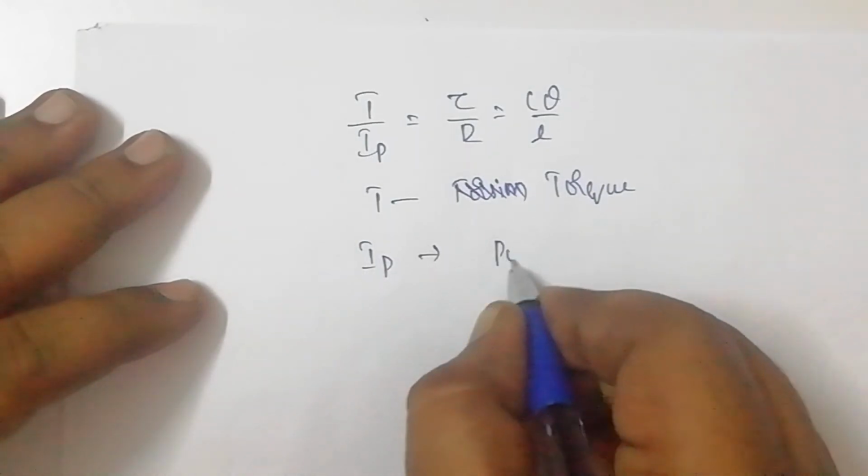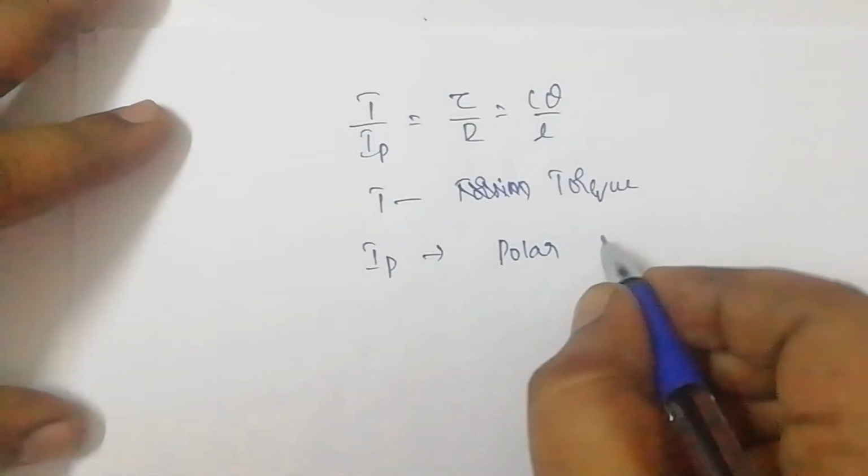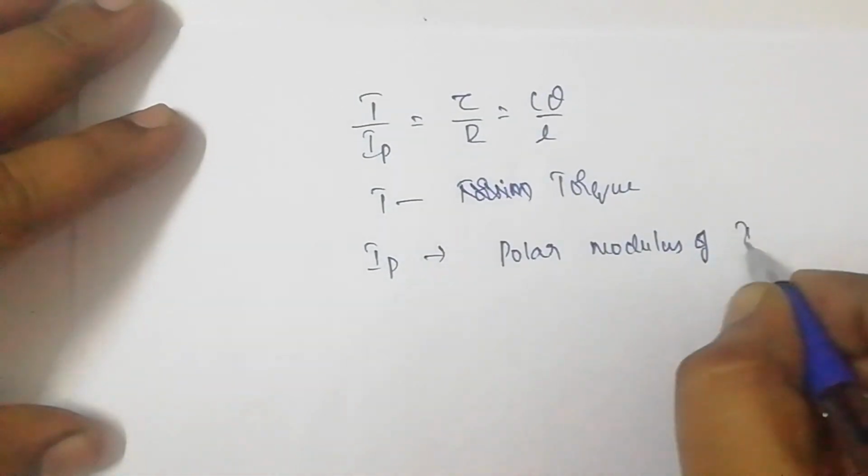IP is polar moment of inertia, polar modulus of inertia, whatever you can write.